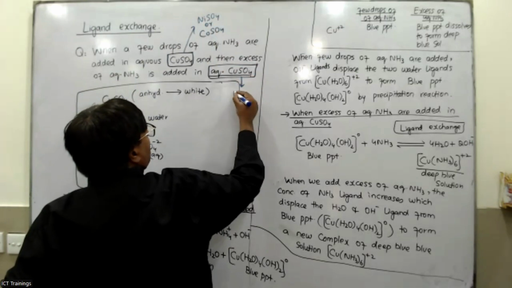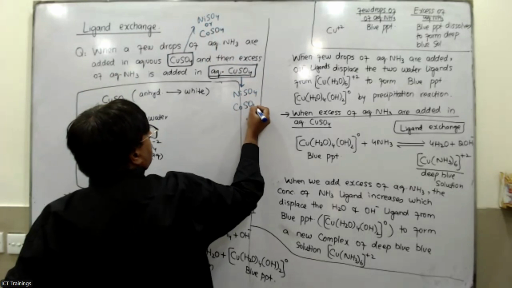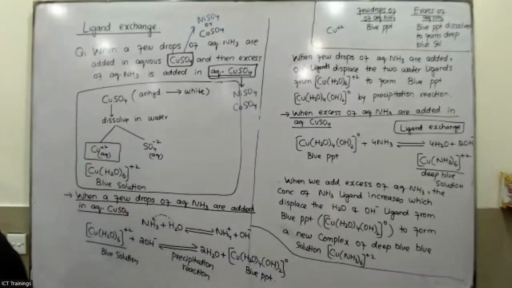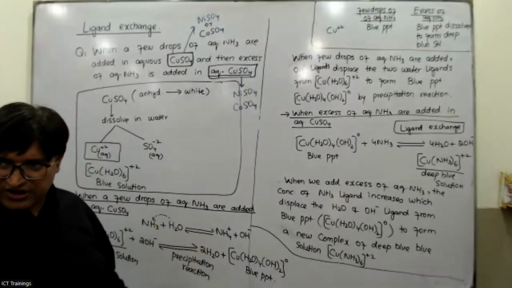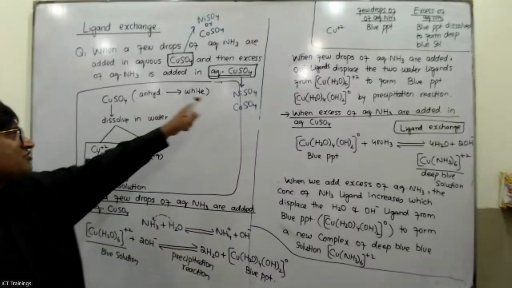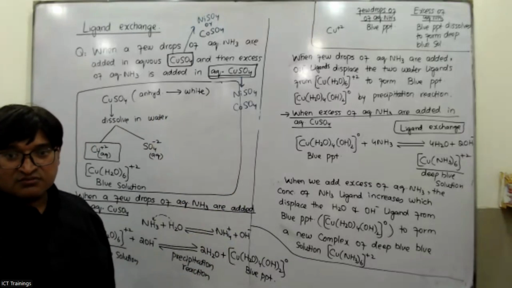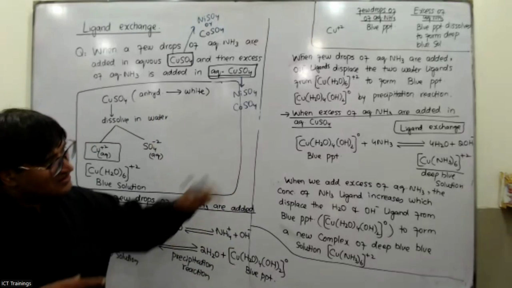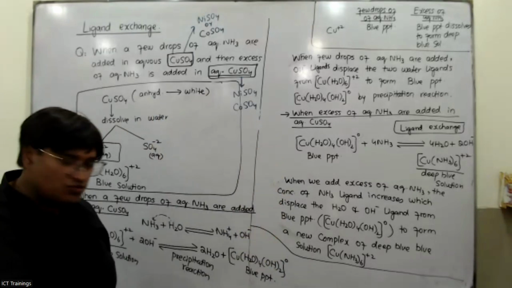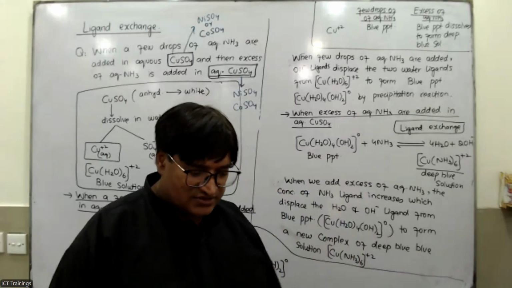Okay, up here the same thing, nickel sulfate or cobalt sulfate. The colors are different only, but the reactions remain the same. In place of copper, you should write nickel or cobalt. The colors are different. This is the way of answering, the same. You only have to write down the color difference.